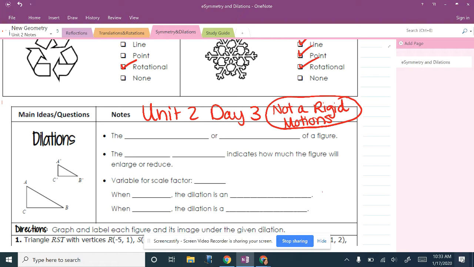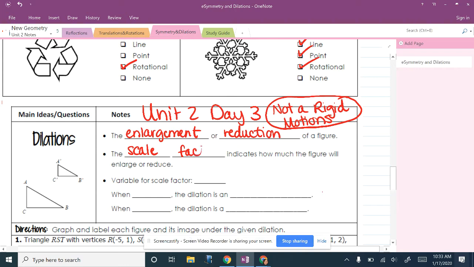But anyway, a dilation is an enlargement or reduction of a figure. If something is enlarged or reduced, that is called a dilation. The scale factor is a number that indicates how much the figure will enlarge or reduce.